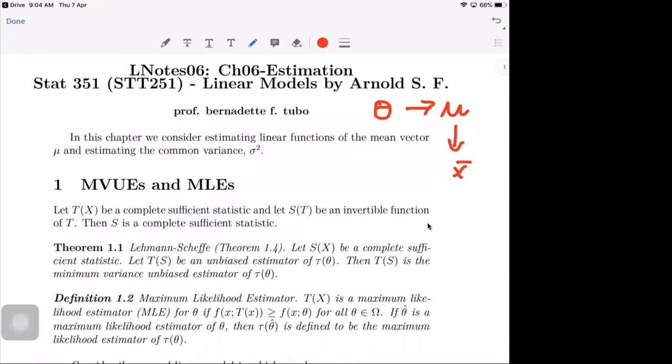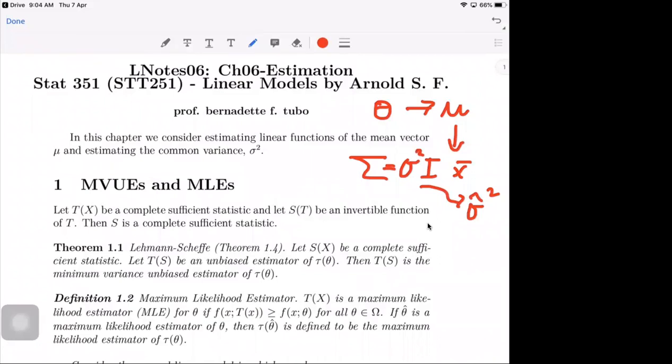And our sigma squared, or in general sigma squared I, if the basis matrix is orthonormal already, will be estimated by sigma hat squared.